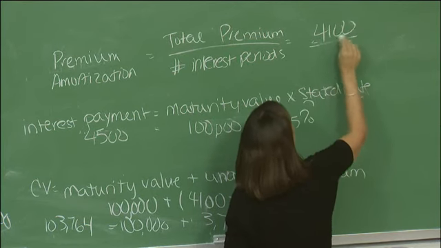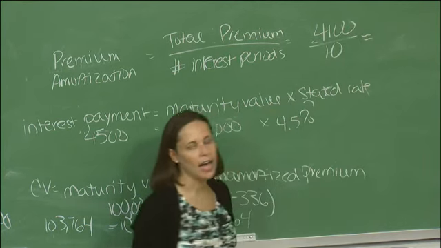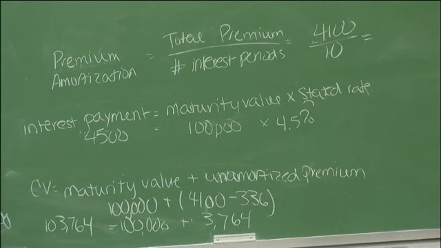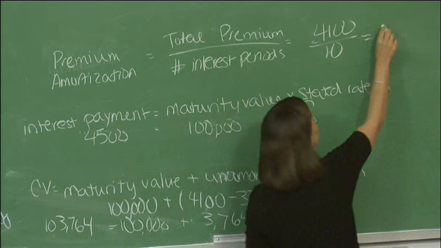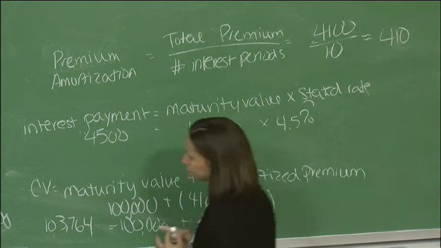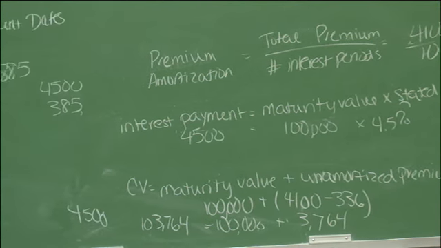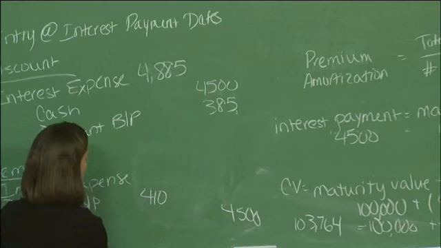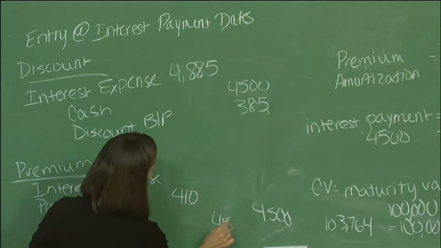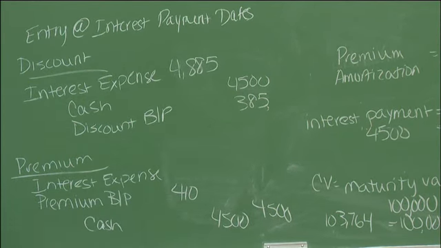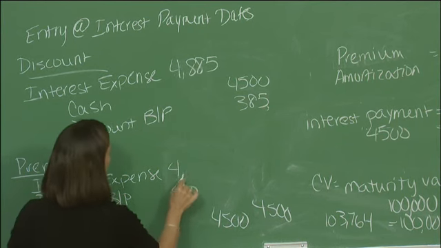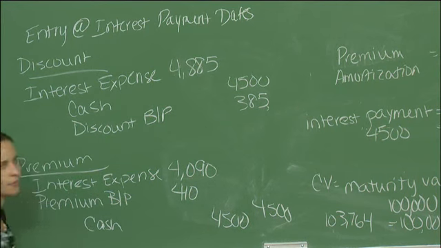So that 4,100 divided by 10, we get that our premium amortization is $410 each period. And if we look at our entry, put that in for the premium, cash is still $4,500, which means our interest expense is $4,090.